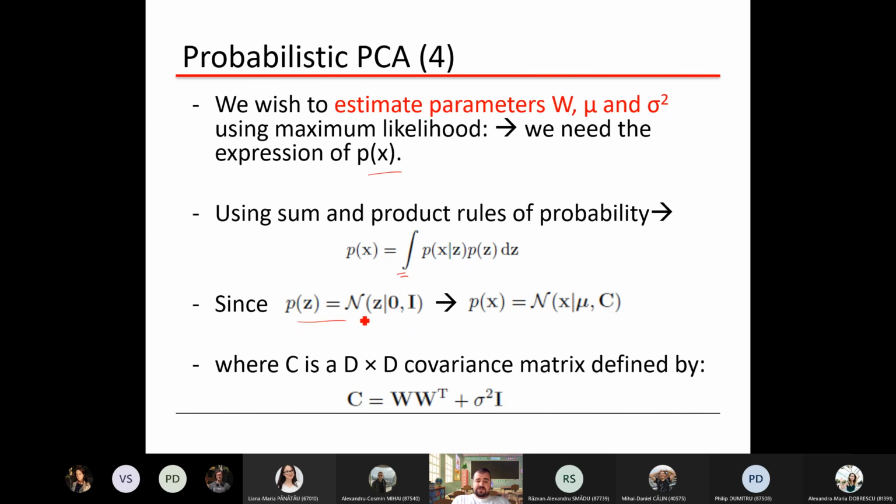Since P of z is a Gaussian centered in the origin and with identity covariance, so it is isotropic, it means that P of x, obtained from the product of two Gaussians, will also be a Gaussian, depending on the mean of the data and on the covariance matrix C, which is defined as W multiplied by W transposed plus the noise sigma square.